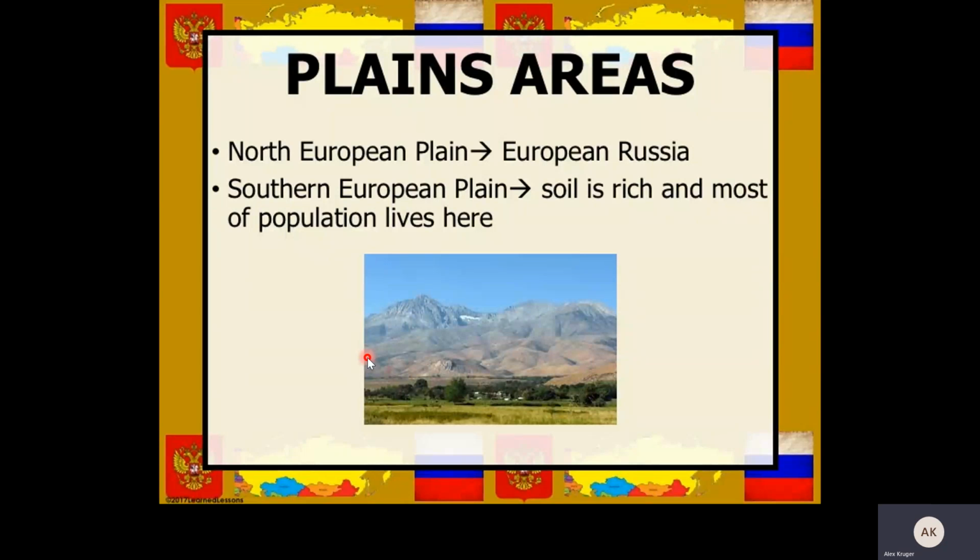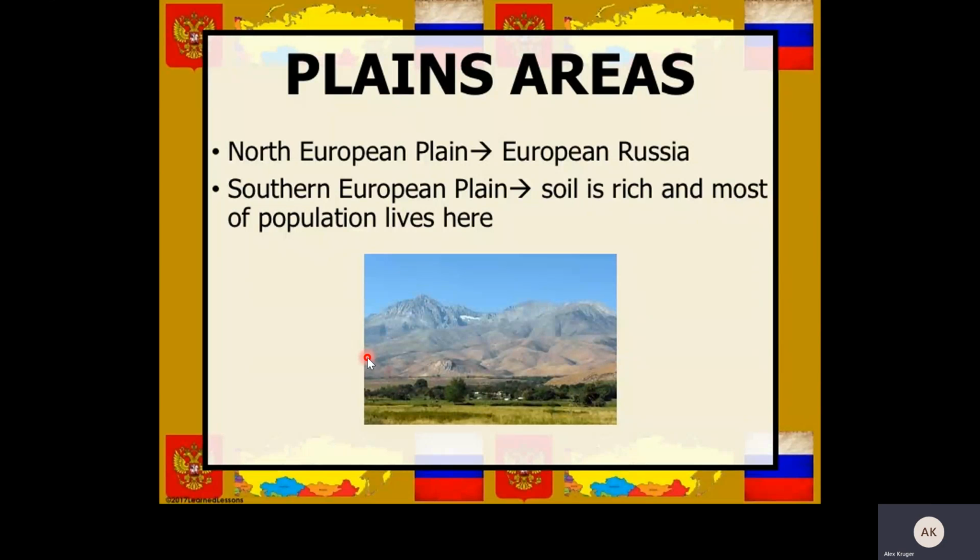Russia, while also being home to many large mountain ranges, is also home to the world's largest plains, massive plains areas. There are two different ones in Russia. There's the Northern European plain in Europe. Ukraine is also plains, so the area that Ukraine and Russia have that borders each other is the Northern European plain.